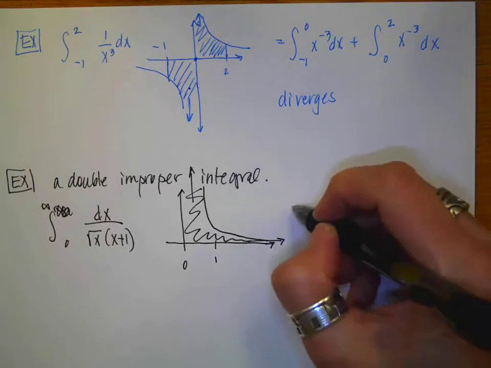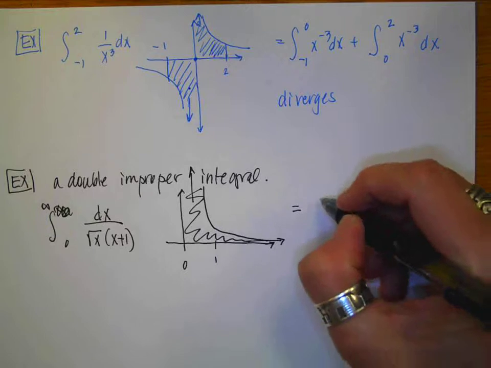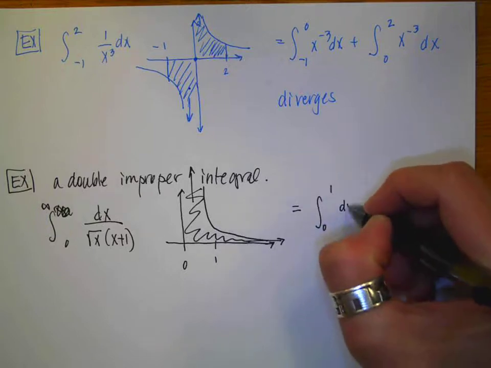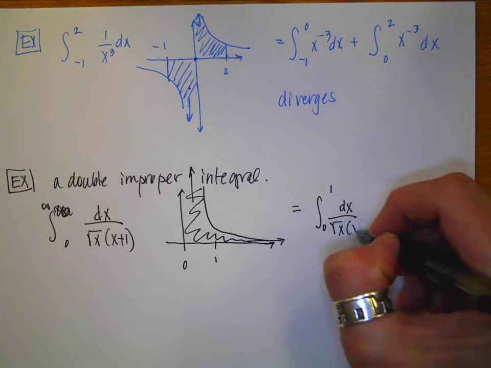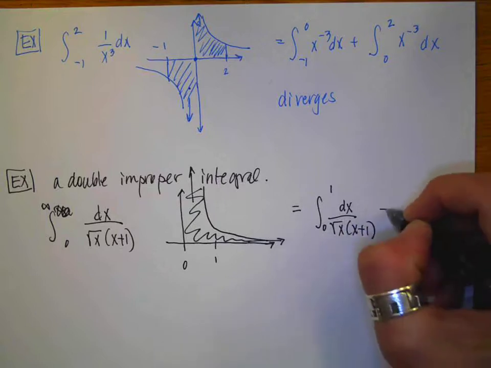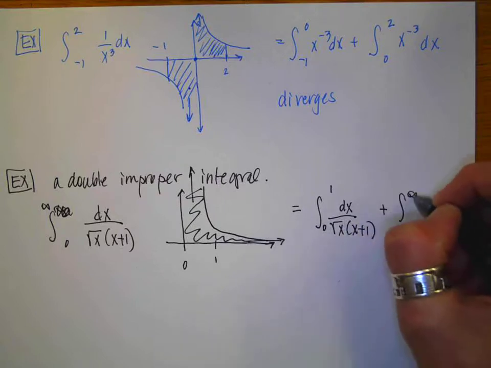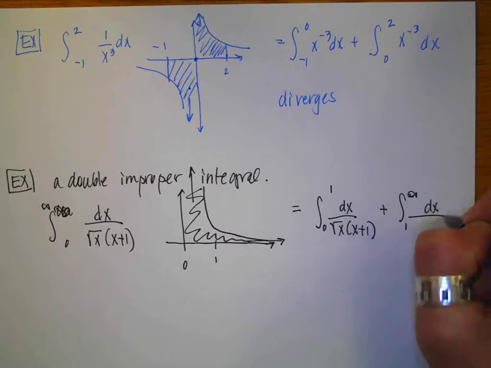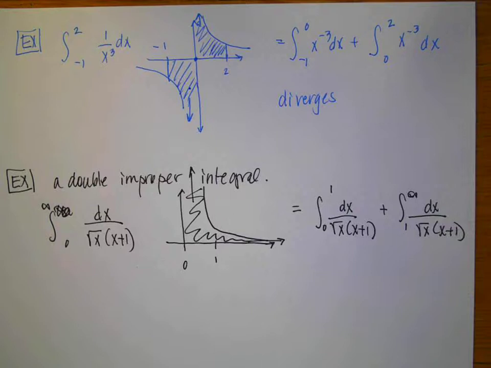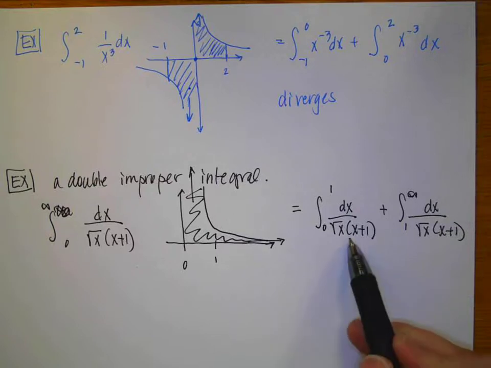So I'm going to pick a value in the integral and split it up, just like we did the last problem. So this is going to become the integral from 0 to 1 of dx over the square root of x times x plus 1, and then the integral from 1 to infinity of dx over the square root of x times x plus 1.